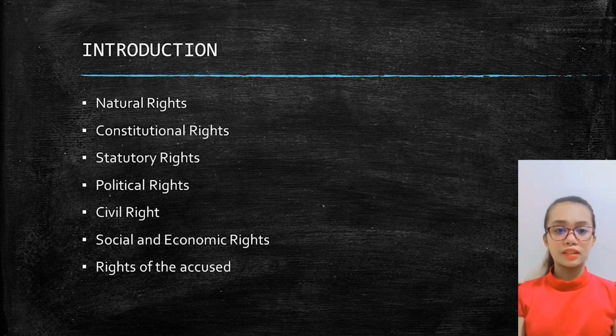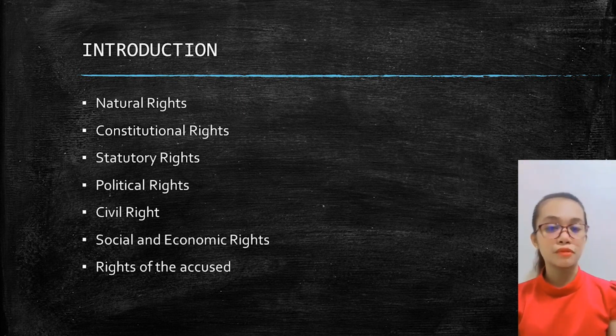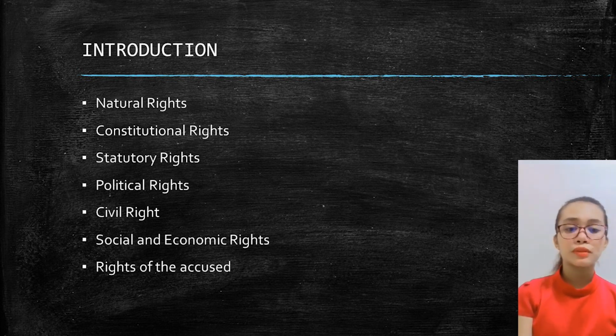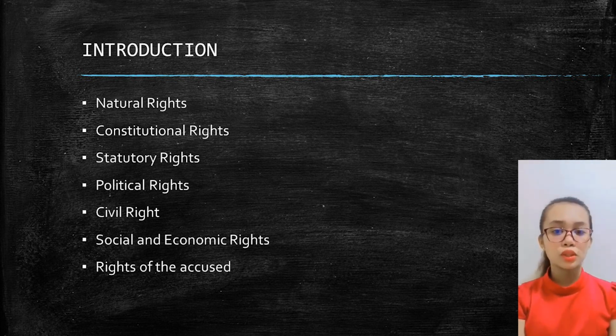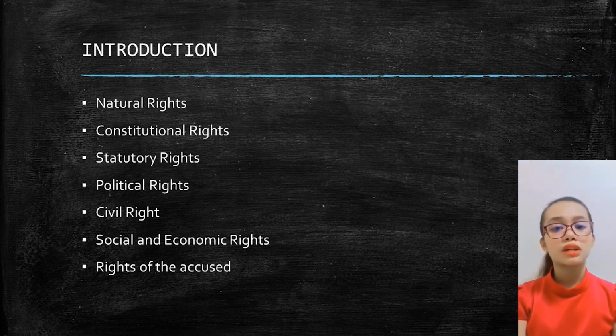Second is civil rights, or the law which secures private individuals for the purpose of securing enjoyment of their means of happiness. Third are the social and economic rights, which are intended to ensure the well-being and economic security of an individual. And last are the rights of the accused, which are intended for the protection of a person accused of any crime.